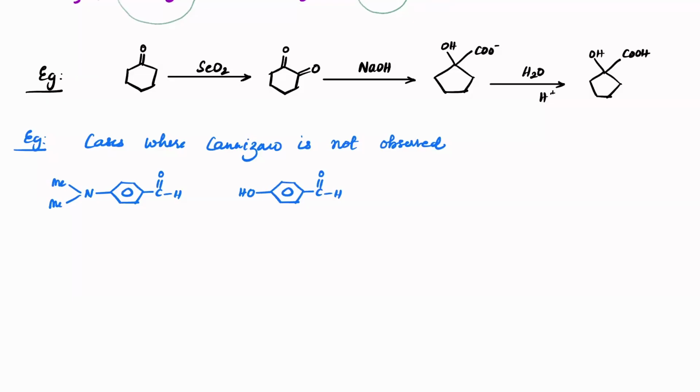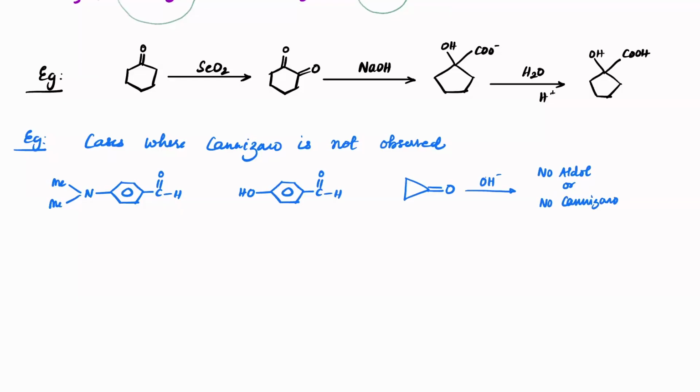Next, in case you have a 3-membered ring like this, in case of a 3-membered ring also, this will not give you, with OH minus, any aldol or any Cannizzaro.